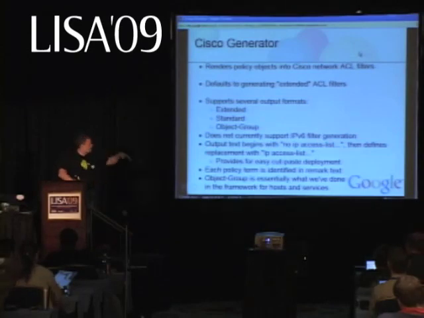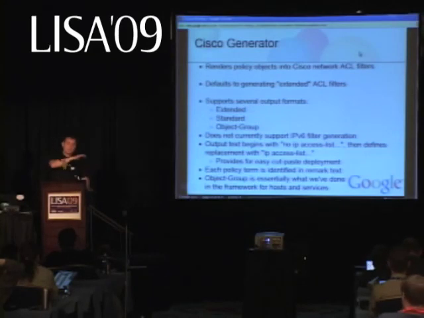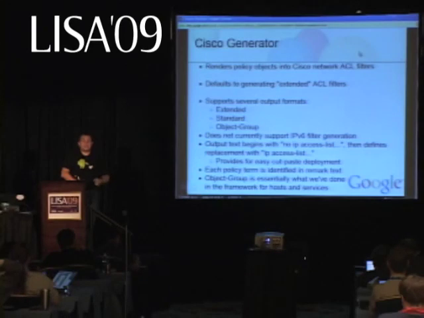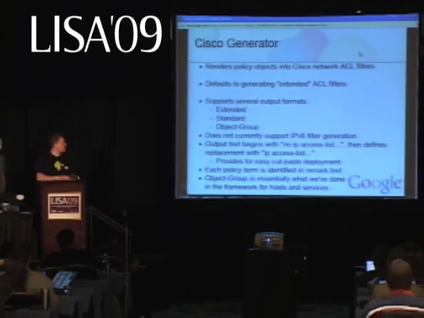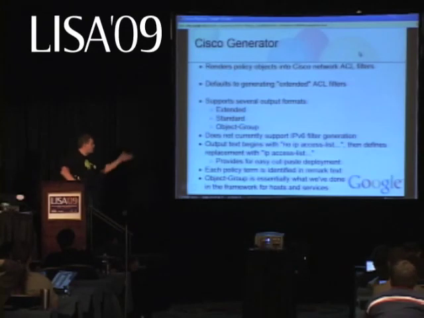So you'll have the IP access list foobar defined, then you'll have another remark that says term XYZ, and then it'll include all the lines that make up that term. Then there'll be another remark that says term ABC, followed by all the lines that make up that, which makes it real easy to go back and look at the finalized output, compare that back to the original policy, and validate that it makes sense, because maybe you're updating the library, making some changes to the Cisco generator. And the object group, well, we talked about that.